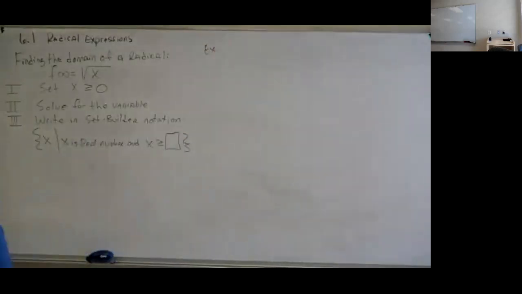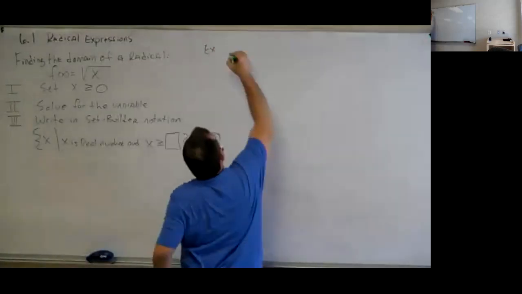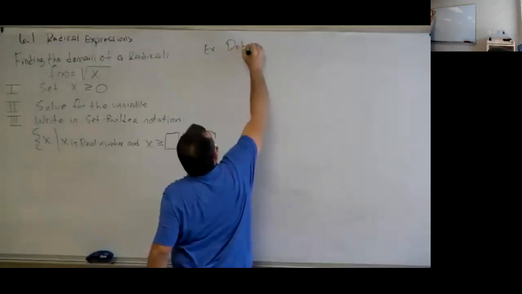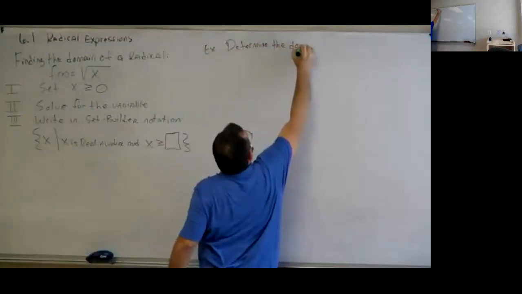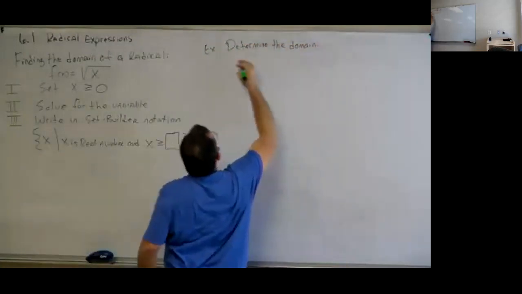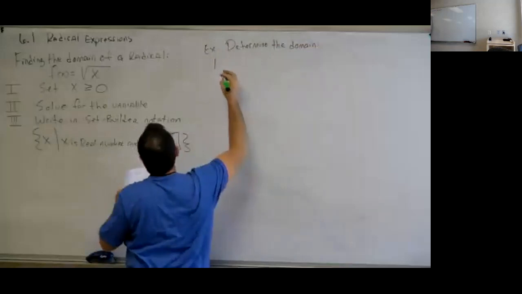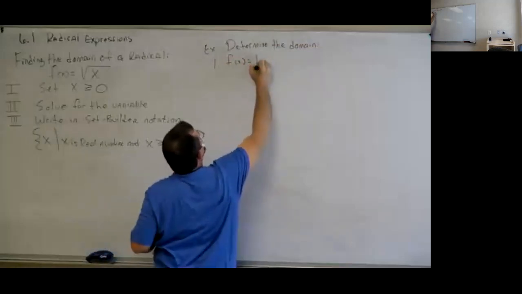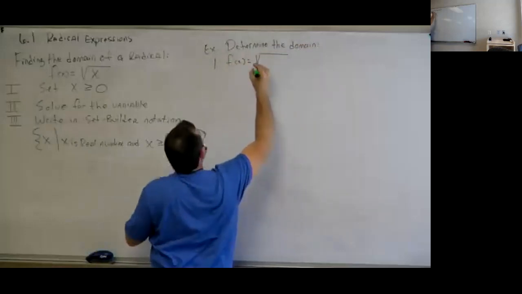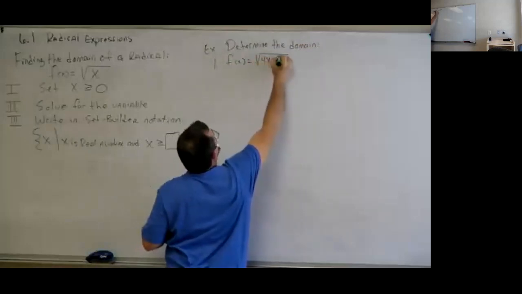So I'm going to do 2 examples. One where my x is positive, and then I'll do one where you get a negative x and you actually got to flip it, okay? So in this one, we're just going to determine the domain. So mine has f of x equals square root 4x minus 7.